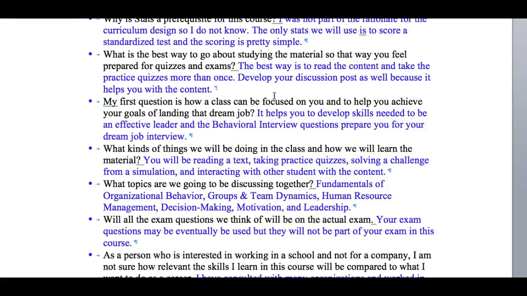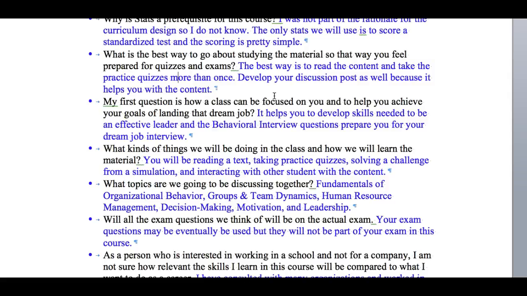And then the behavioral interview questions prepare you for that interview, which a lot of people have never thought about what these questions might be, and this class makes you think about them. So it's focused on you, and at the same time, it's focused on your development and help prepare you.